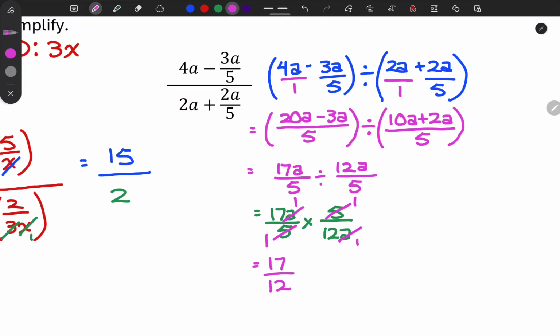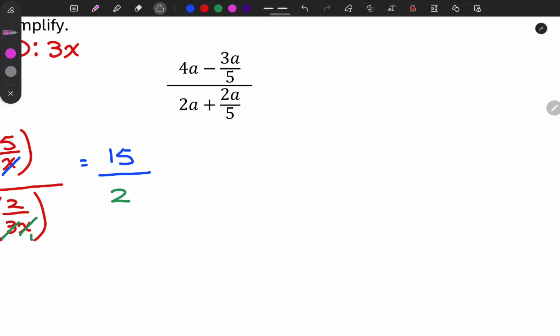Okay, let's take a look at method 2 on the same problem. Again, I'm going to delete. Feel free to rewind if you need these steps. Method 2 involves finding the LCD of any fractions within our rational expression. Our LCD is 5. We've got that one and that one. They're both 5. That was very easy to find an LCD, wasn't it?